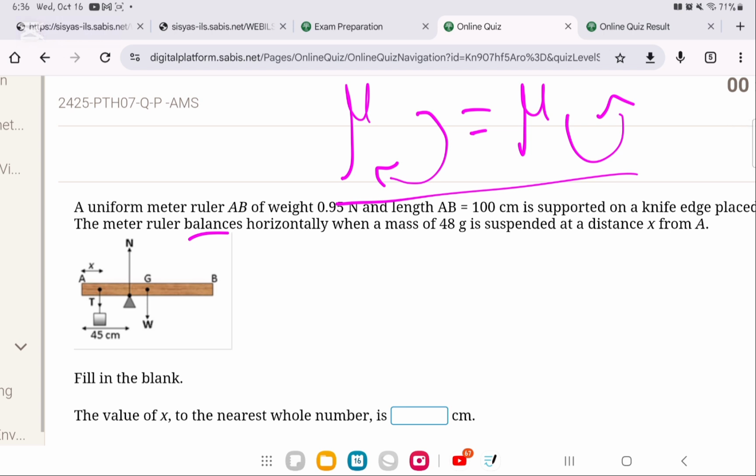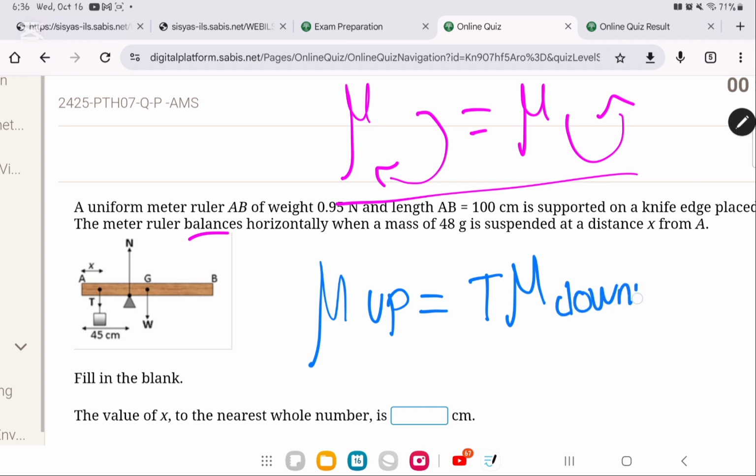Well, now I'm gonna give you a new rule: the moment of the upwards force is equal to the total moment of the downwards force. When we're talking moment, we're not talking about plus or minus, okay? Only if you have upwards and downwards do you use this rule.